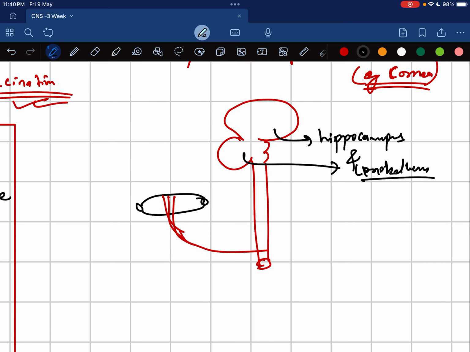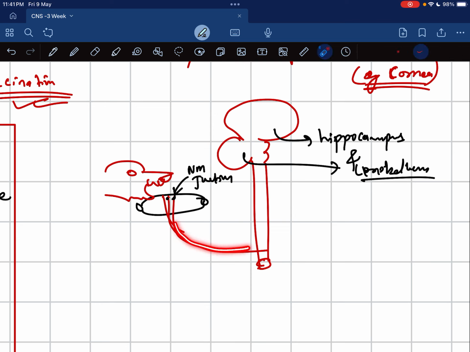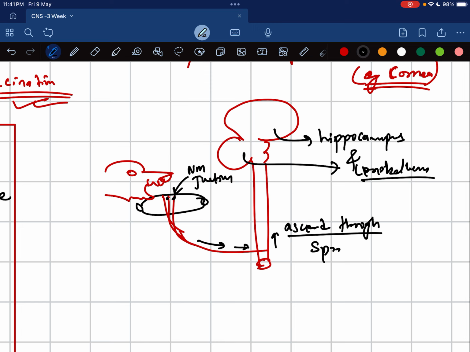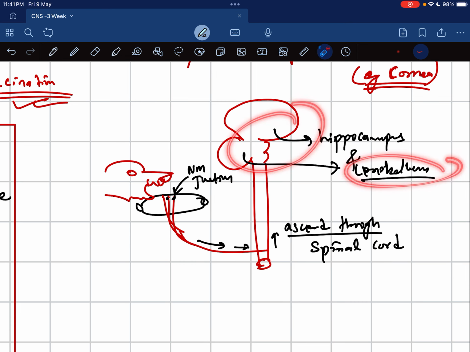Now moving on to the pathogenesis. When an infected animal bites the muscle, after the bite the virus goes to the receptor at the neuromuscular junction, the NM junction, binds to it, passes through the nerve and ascends through the spinal cord, and goes into the hippocampus and cerebellum.